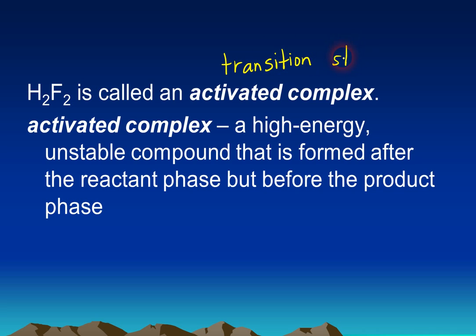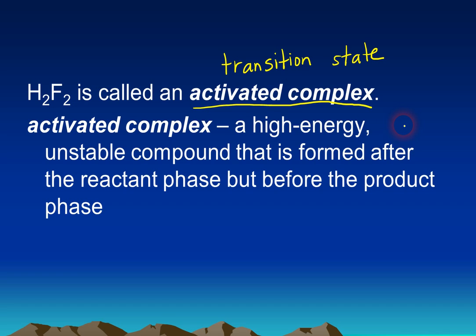That's a phrase you'll hear sometimes. But in this class, we're going to call this an activated complex. That's a common term for this. It doesn't last very long, and it's what you make when all these bonds stick together and right before the old bonds break in order to make your new products.